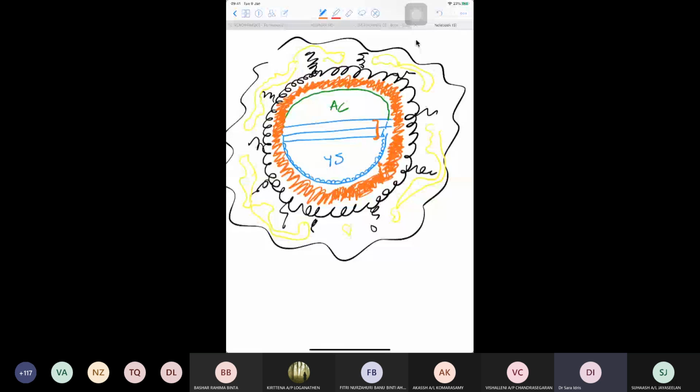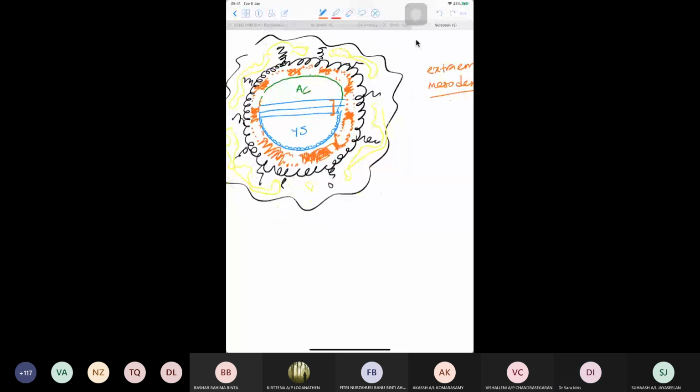Now eventually there will be spaces that will occur in between the extra-embryonic mesoderm. So there will be spaces that occur, and this space is called coelom. There will be a space there, another space there, another space there, and these here are all called coelom.